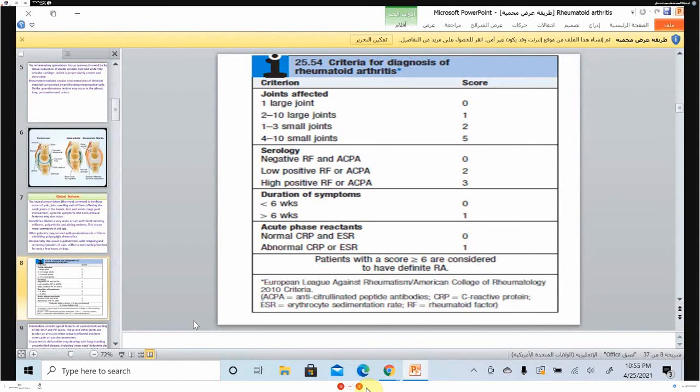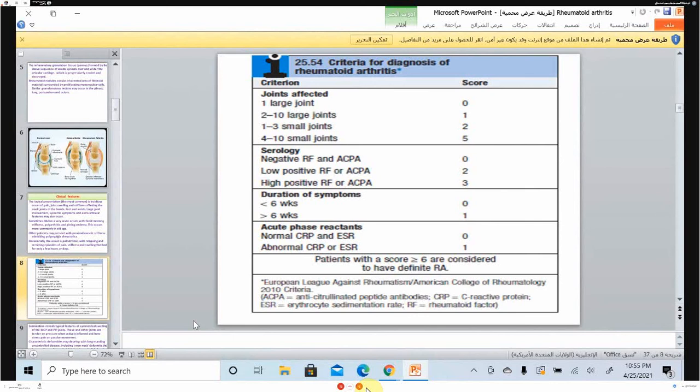The joints affected: 1 large joint, 0, unlikely to present with just a monoarthritis. 2 to 10 large joints, score 1. 1 to 3 small joints, score 2. 4 to 10 small joints, score 5.